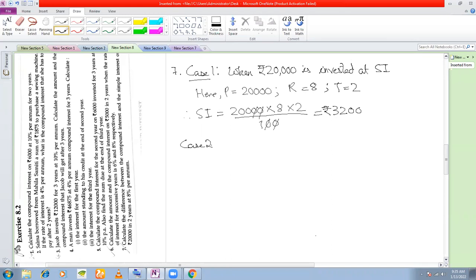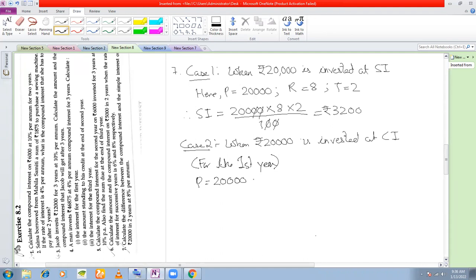Now let's calculate the compound interest, for which you had invested. When 20,000 is invested at compound interest, because you invested for 2 years, we calculate for both years. For the first year, principal is 20,000, rate is 8%, time is 1 year.